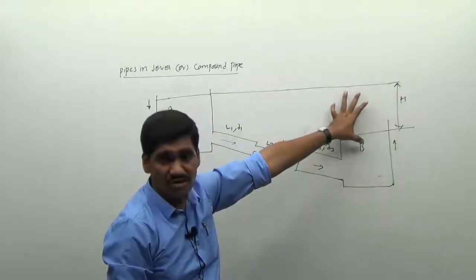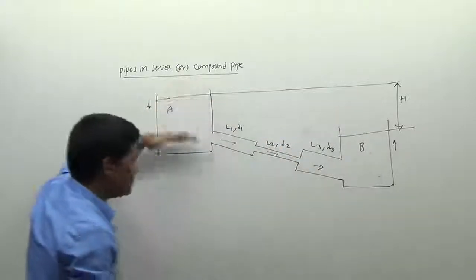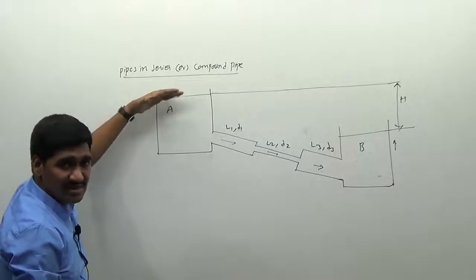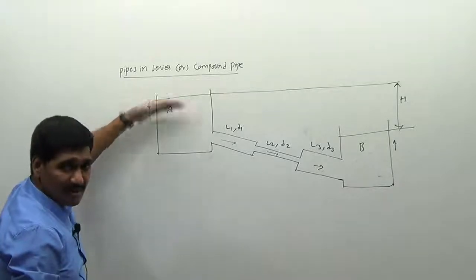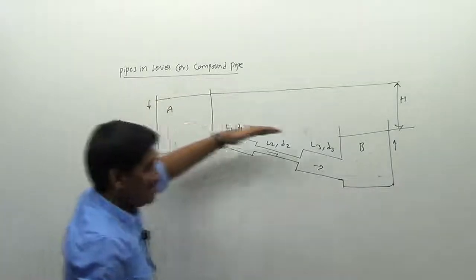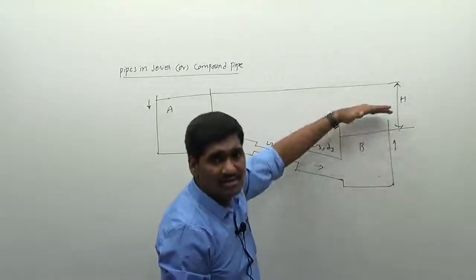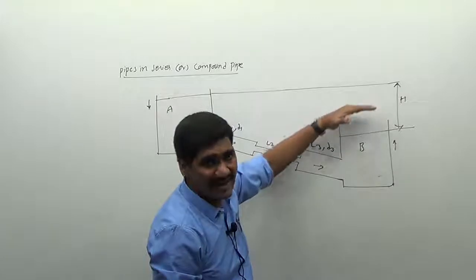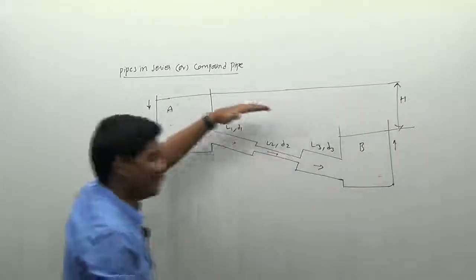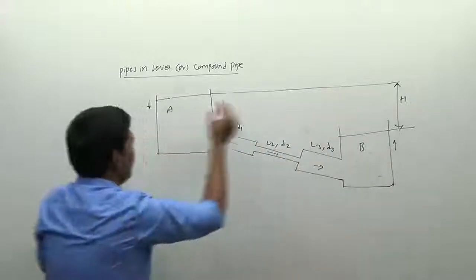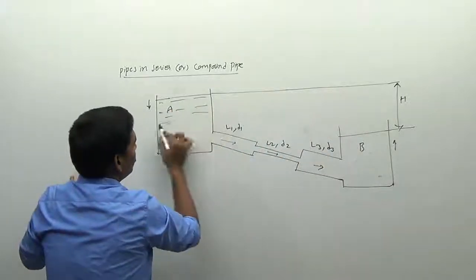The value of H may not change, because any decrease in the level of the tank at position A will be equal to the same amount of increase of the level in the tank B here. Whatever the level that is reduced will be equal to whatever the level that is increased here. Okay, and this is the total water level I am taking.